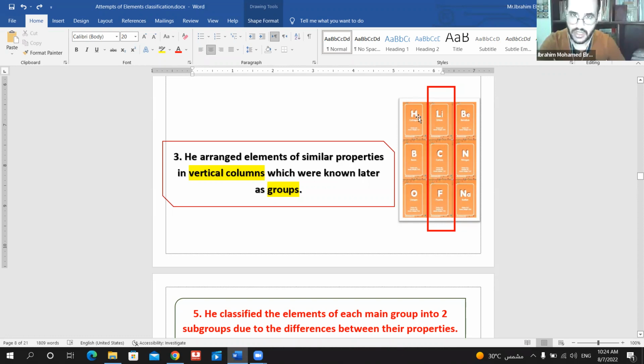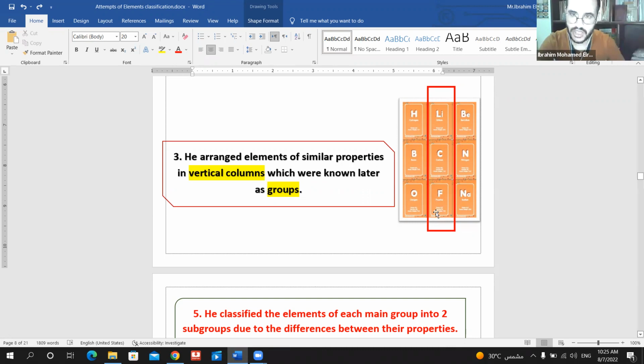Okay, why did he arrange hydrogen and boron and oxygen after each other? Because they have similar properties, and these ones have similar properties, and these ones have their own similar properties. And he discovered too that some elements have the same properties as this one, but they differ somehow. For example, they are similar in melting point and density, but different in boiling point. So where is he going to put them?